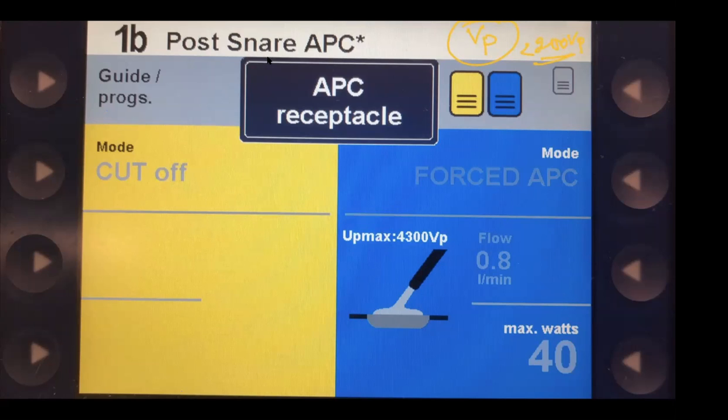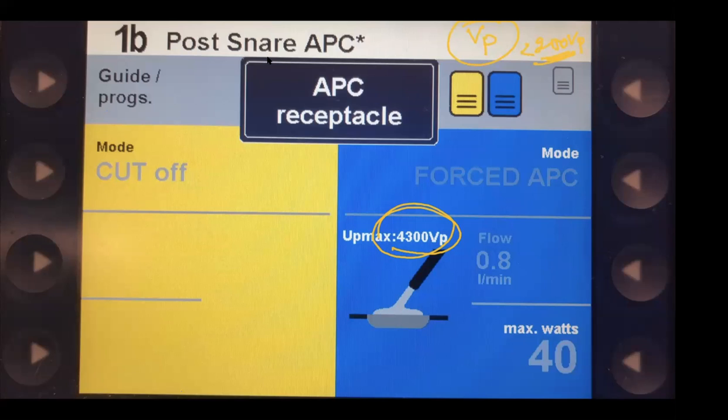The soft coagulation is also used for preventing polyp recurrence, right, by ablating the edge. But compared to that, the voltage delivered is almost over 4,000 peak voltage. So it's the same for forced APC, pulsed APC, or precise APC.